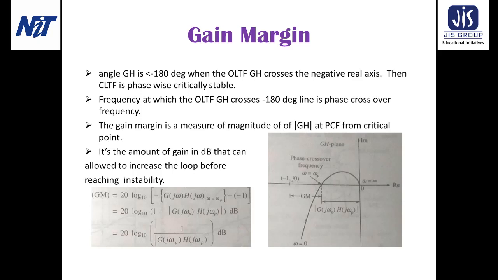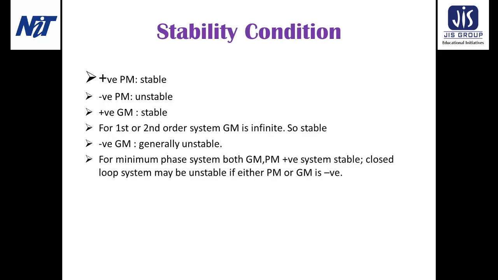And for the first order or second order system, the gain margin is always infinite and hence it is stable for all gain. So these are the stability conditions for the gain margin and phase margin. We have discussed before that if the phase margin and gain margin are both positive, then the system becomes stable, whereas for the negative phase margin, the system is unstable, and for the negative gain margin, generally the system is unstable.